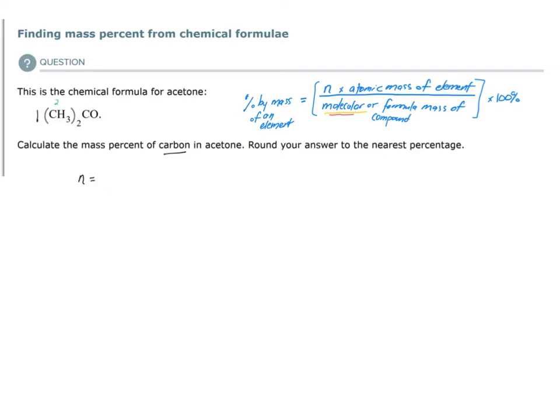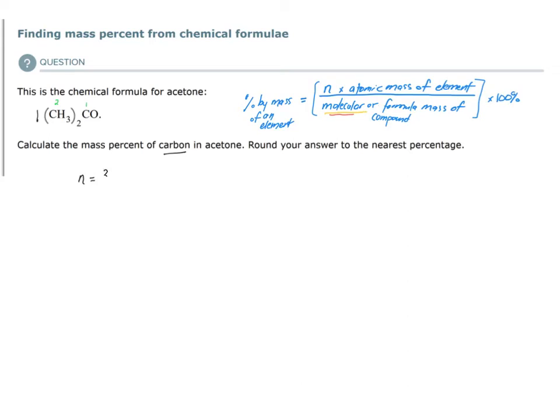So we have 2 carbon atoms here. But how many do we have over on this side of the molecule? Well, there's no subscript here, but we assume that it's 1. There are no parentheses to multiply that 1 by, so 1 carbon atom here. Okay, so a total of 2 plus 1, that's 3. So 3 times 1 is still 3.